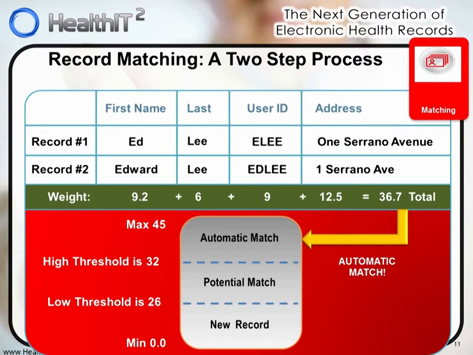So we'll get into that a little bit further, and actually in a subsequent presentation, I'm going to demonstrate what that workflow looks like right within the product, so you can get a feel of how potential duplicates are handled and how we resolve them, what the screens look like, how we compare the 2 records and make that decision, should we link them together or keep them as separate records.